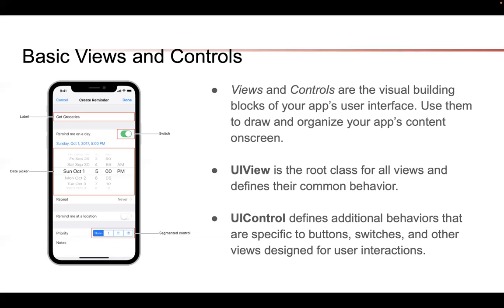And UI control gives the additional behavior that is specific to buttons and switches. Basically button, switch, sliders, and the segment control have the additional behavior which they derive from UI control. Label and image view don't have that control behavior. So that's views and controls.